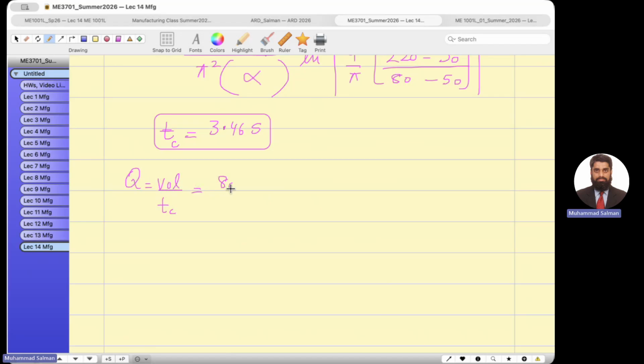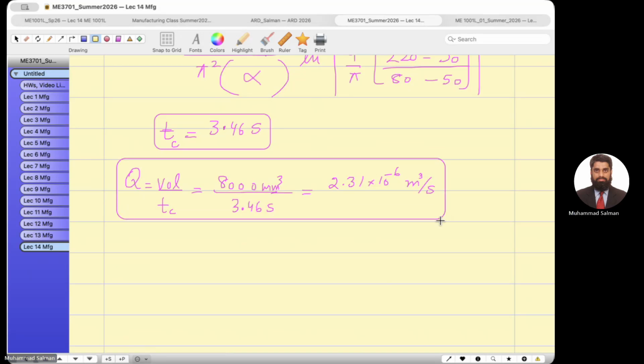Volume is 8,000 millimeter cubed, cooling time is 3.46 seconds. So I get 2.31 times 10 to the power negative 6 meter cubed per second. Agreed?